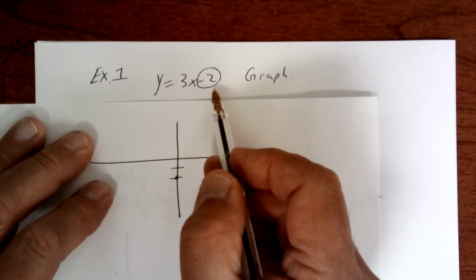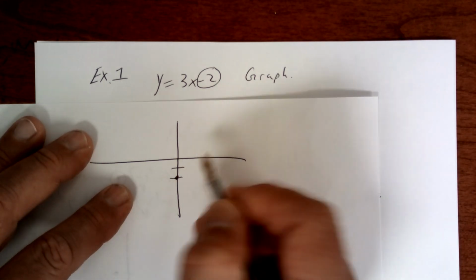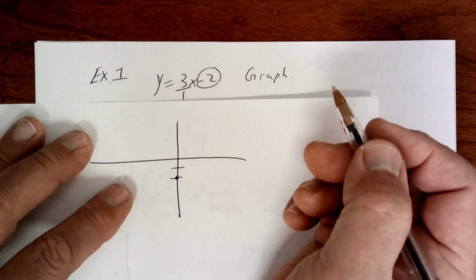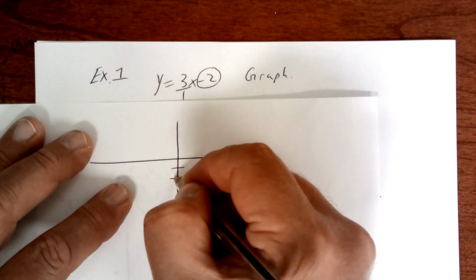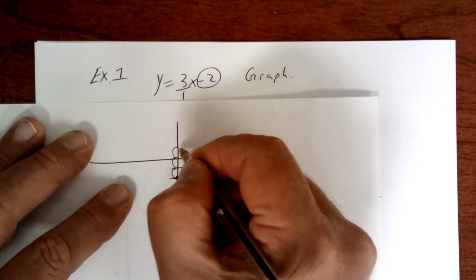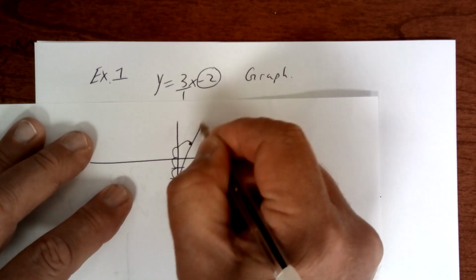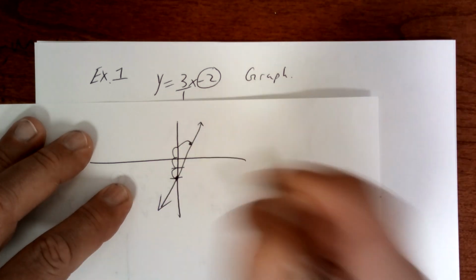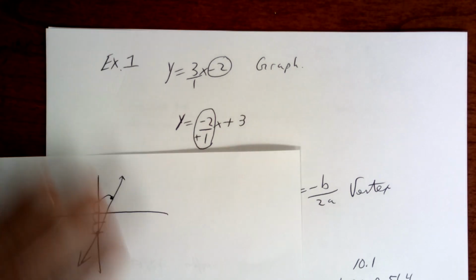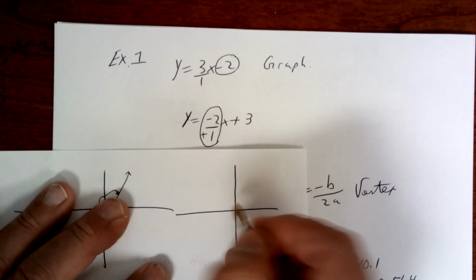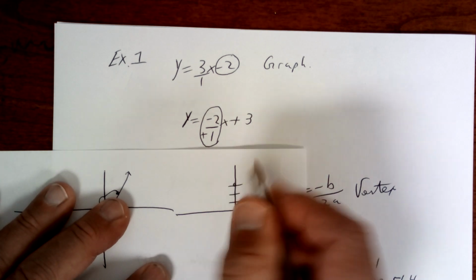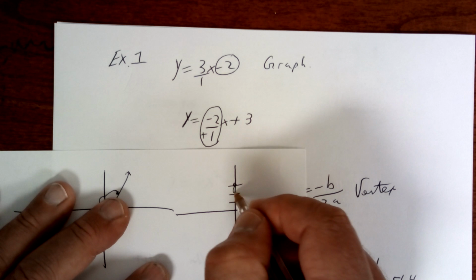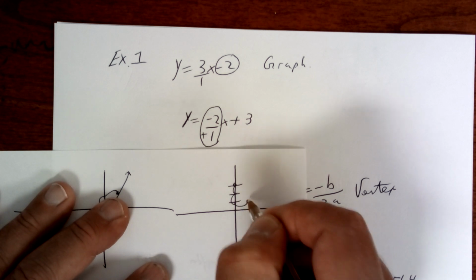So go down 2, put a dot. The slope is 3 over 1. So you're going to go up 3 and then over 1. So it looks like that. Okay, that's better. This one right here, the slope is down 2 and to the right 1. So you should know how to graph a line.